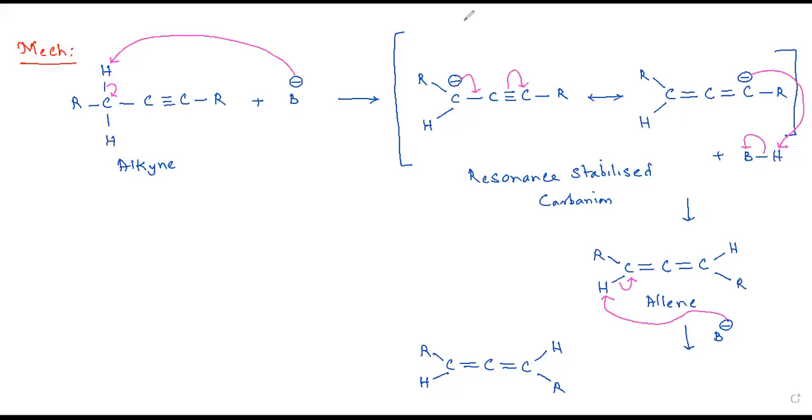As a result, we get, again, instead of writing it again, let me write it here. R, then C minus. Now this undergoes rearrangement. This one comes here, this one goes.